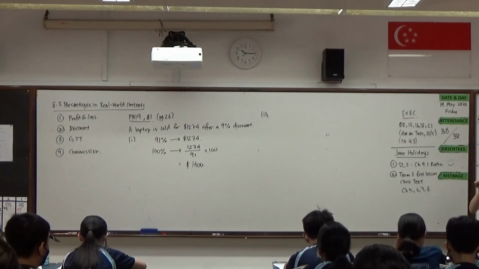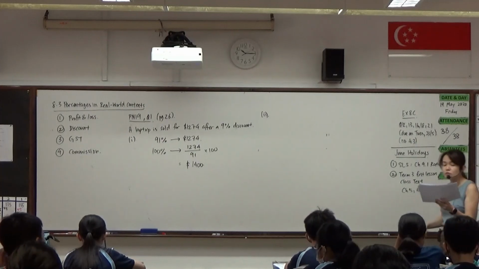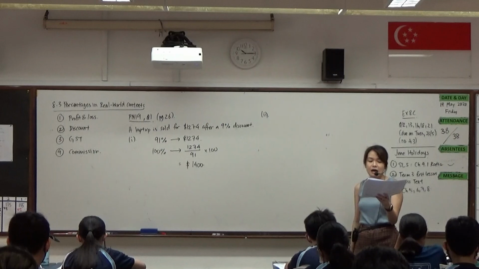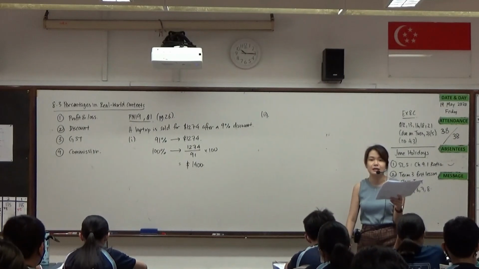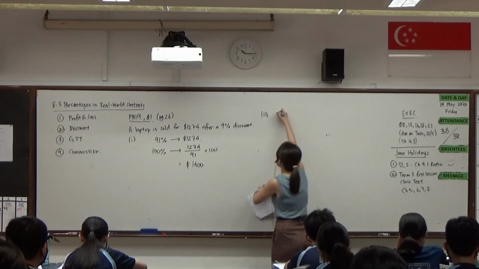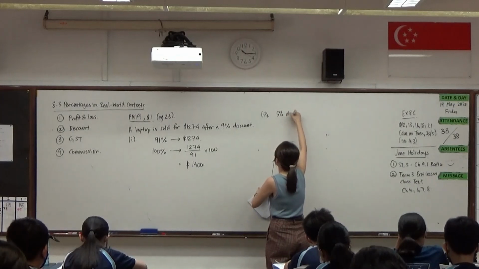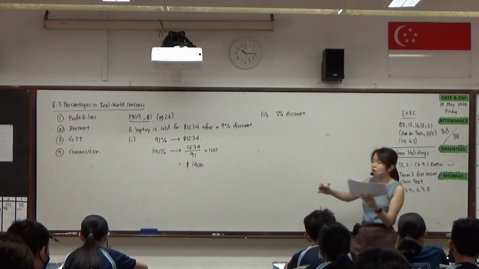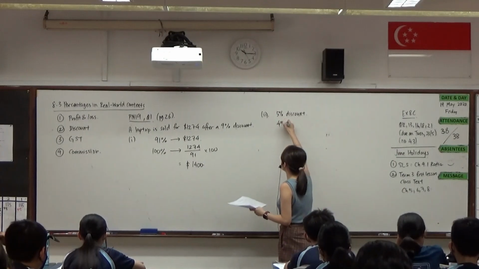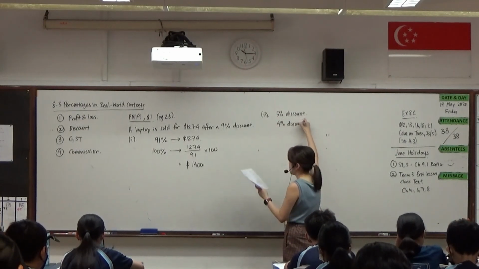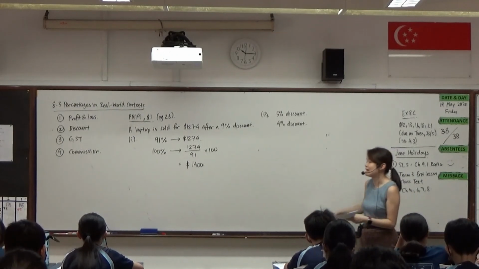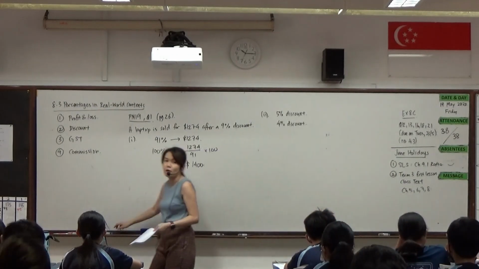Okay. Part 2 is the one that asks you to submit your answers. It says that if a 5% discount is given on the mark price of the laptop, okay, so 5% discount given first, followed by a further discount of 4%. The question is asking, would the sale price actually still be 1,274?